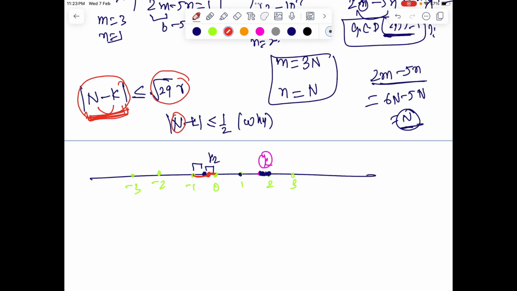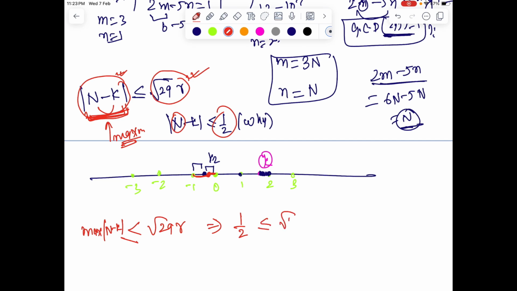So root 29r is always more than the value of mod n minus k. So the minimum value of root 29r must beat the maximum value of mod n minus k, right? Because this quantity is more than this. Even when the LHS is at its maximum, root 29r should still beat it. And what is the maximum value of mod n minus k?